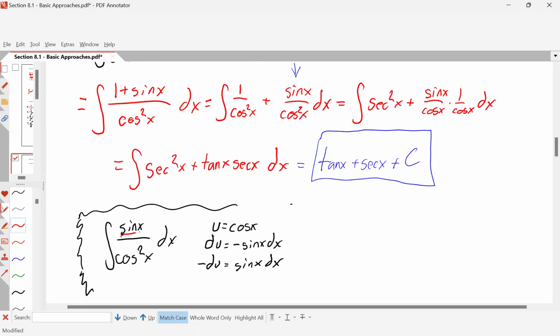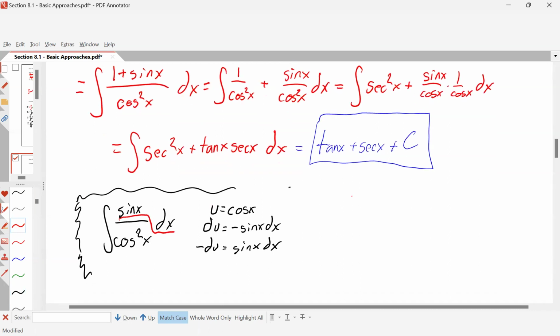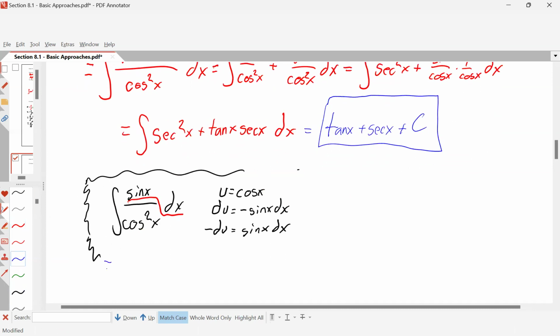So our numerator is going to become that negative du, and our denominator will become u squared. So this is equal to the negative integral of 1 over u squared. Cosine squared becomes u squared. And 1 over u squared is also u to the negative 2.